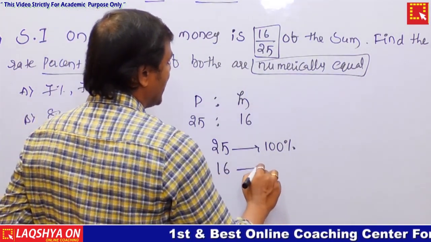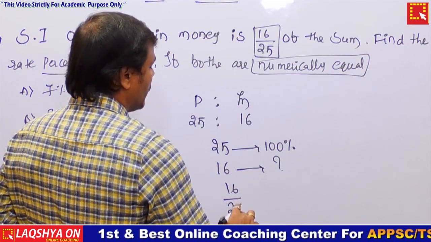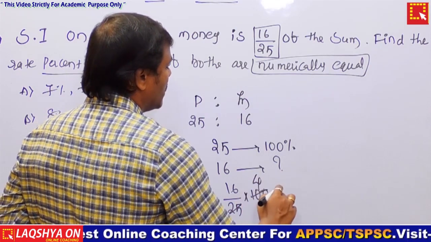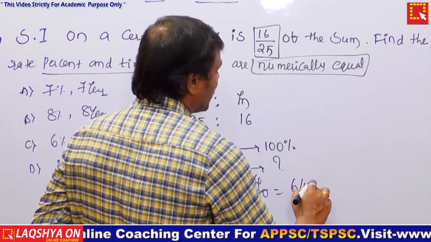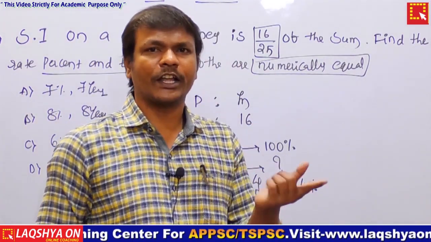Then 16 is how many percent? 16/25 into 100, that is 64%. So 64% is R into T.